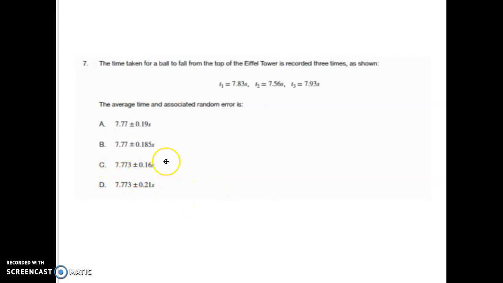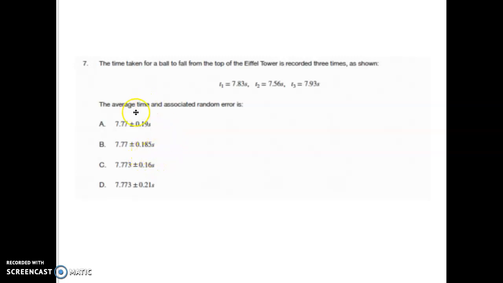So therefore, these are not valid. 7.73 is too many significant figures, too many decimal places, and so therefore this cannot be valid. It must be 2 decimal places.